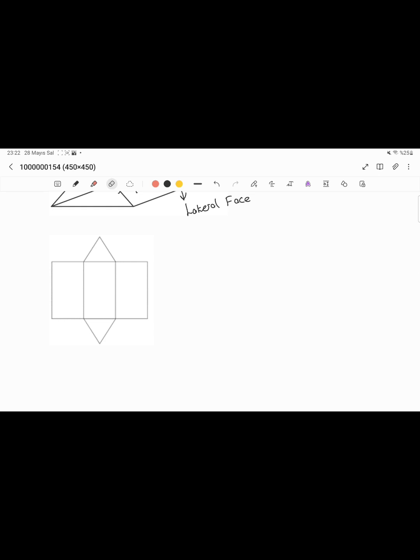When this shape is closed, the side edge of the triangle and the short side of the rectangle will intersect. So these sides are equal.